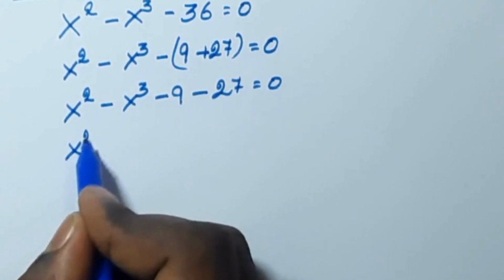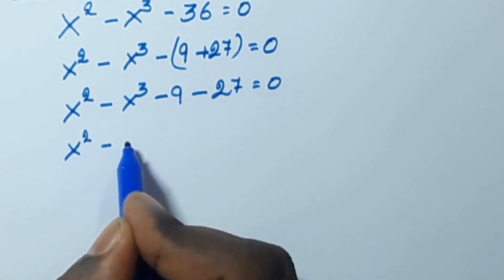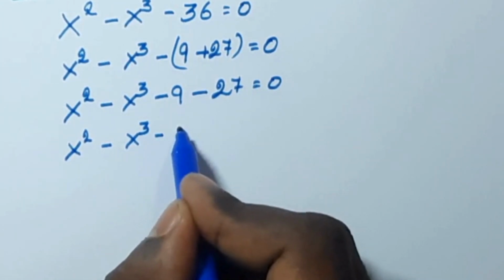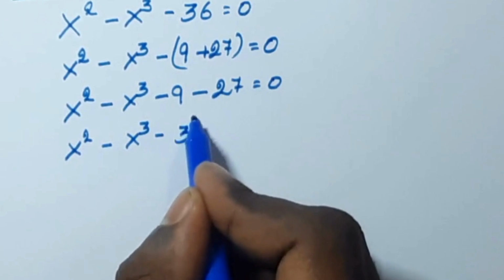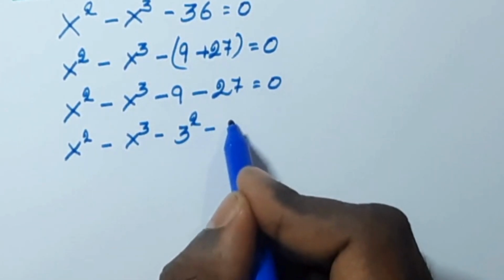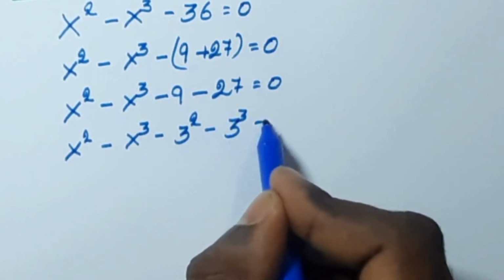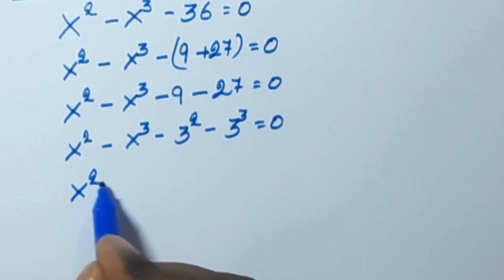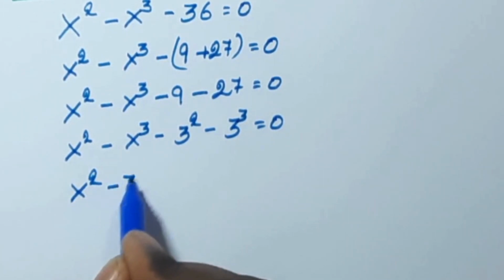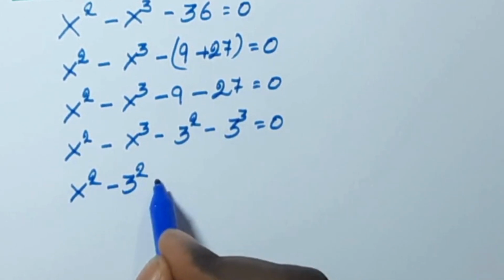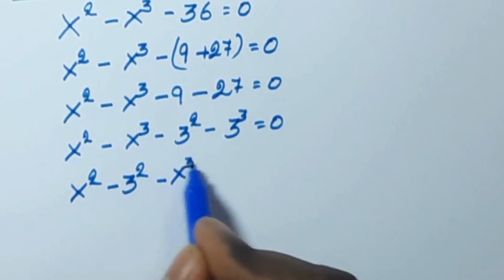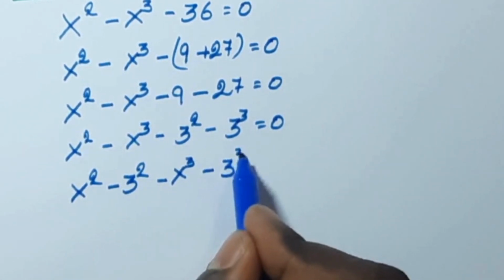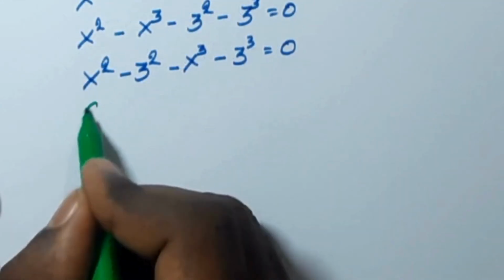Now x power 2 minus x power 3 can be written as 3 power 2 minus 3 power 3 equal to 0. Now x square minus 3 square minus x cube minus 3 cube equal to 0.